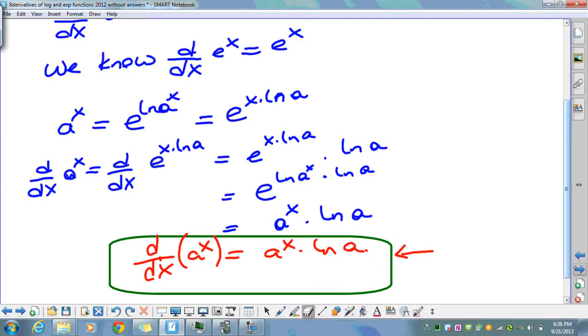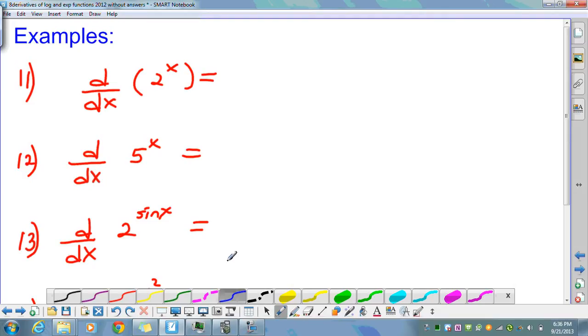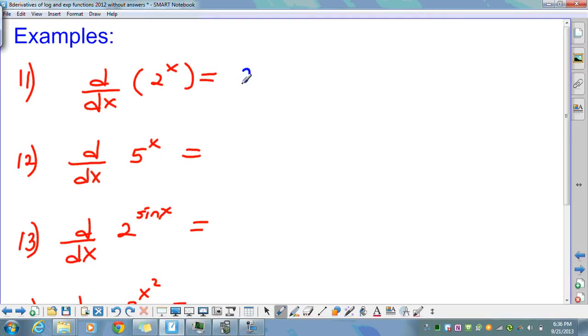So let's look at an example. As I gave you the preview earlier at the beginning of this presentation, for instance, derivative of 2 to the x. Any guesses? What about derivative of 5 to the x? By the same rule.